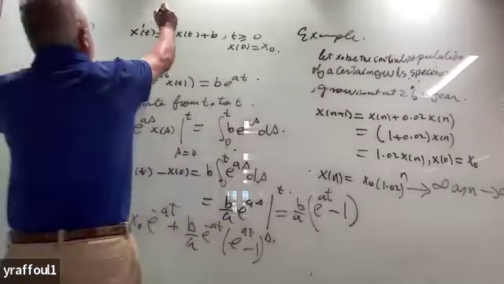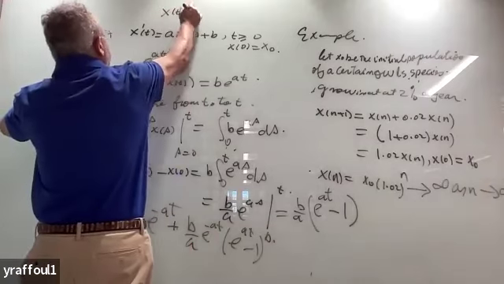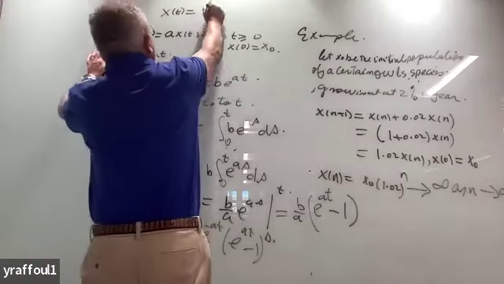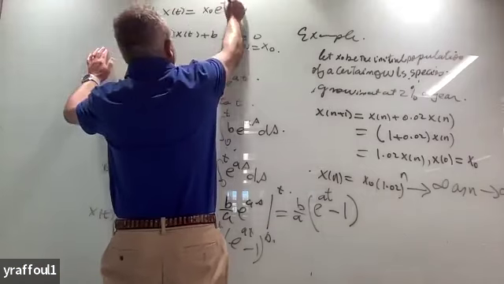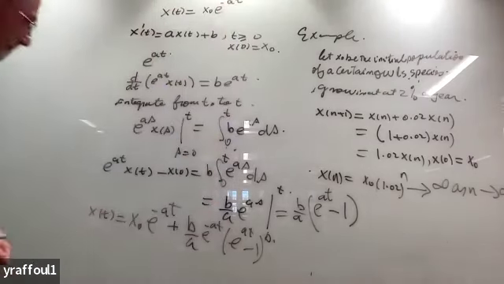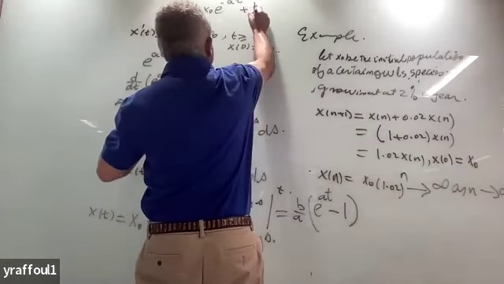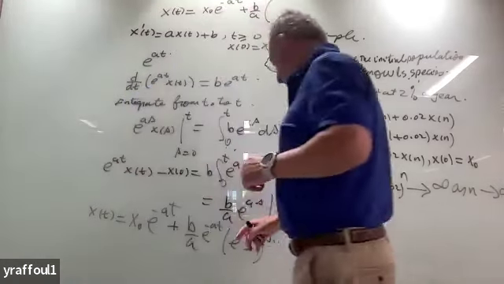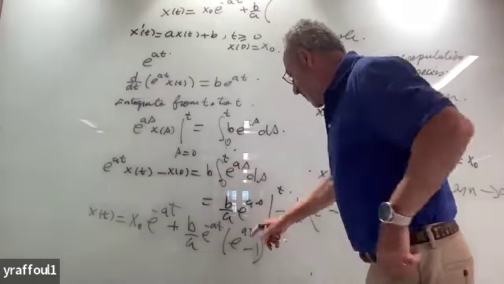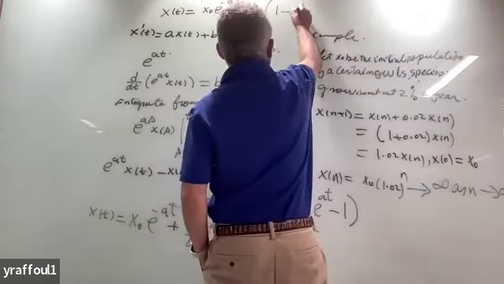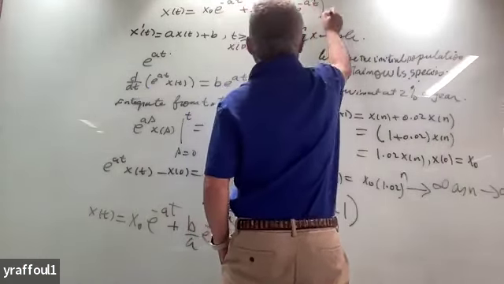And then I'm going to have x of t equal to x naught e to the minus at plus b over a, and e to the minus at times e to the at will be 1 minus e to the minus at.